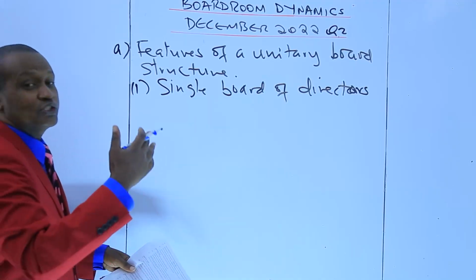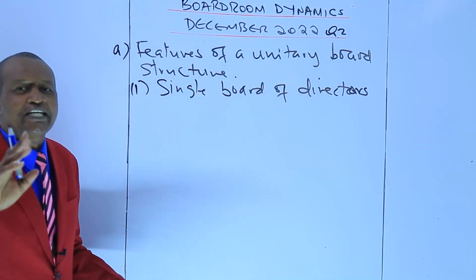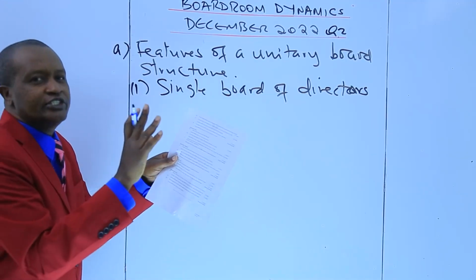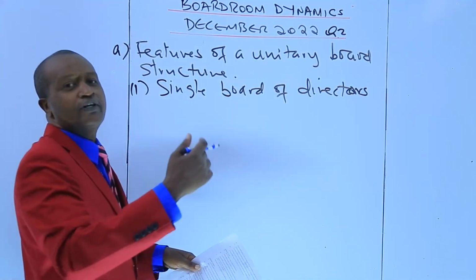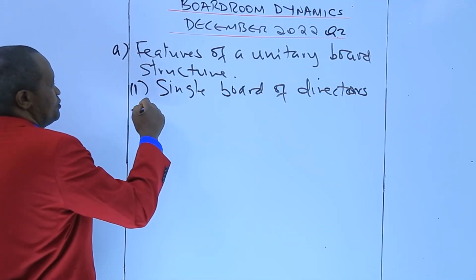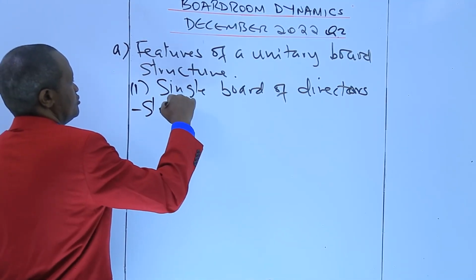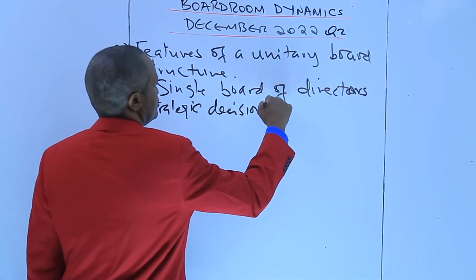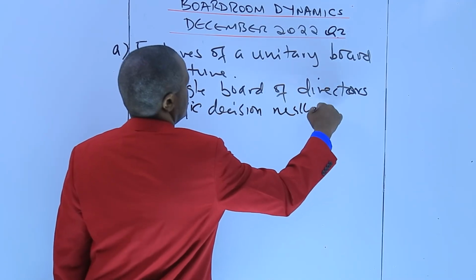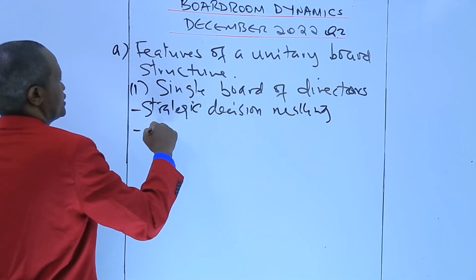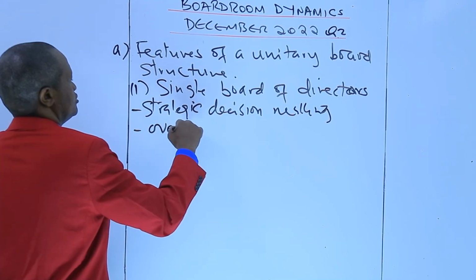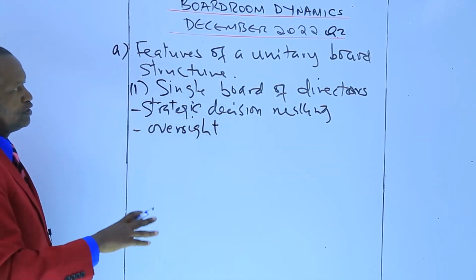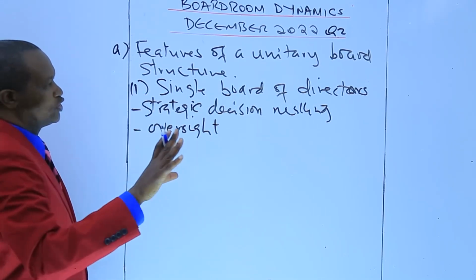In a unitary board structure, there is a single board that is responsible for strategic decision making and oversight. The board is responsible for strategic decision making.